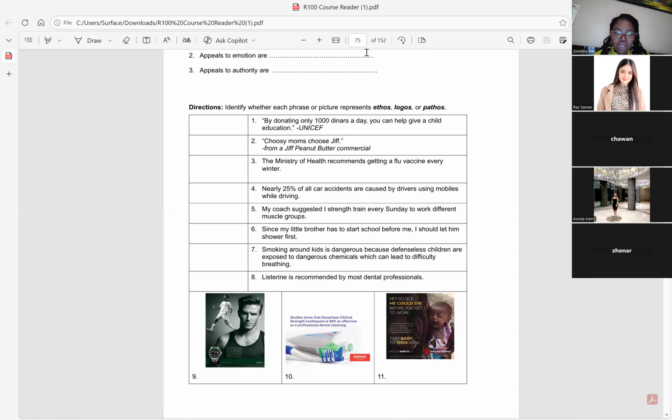I think that's David Beckham on there. When you look at that picture, it's appealing to men. If you buy this watch, you're going to look like David Beckham, like a soccer player. If you know men, they love soccer. So what are they trying to persuade?